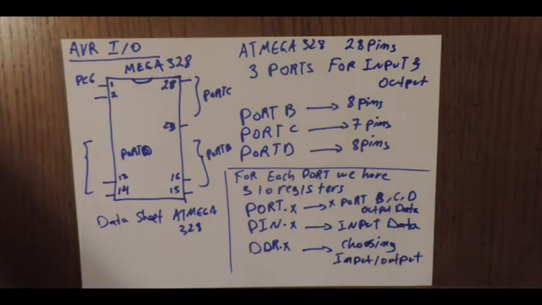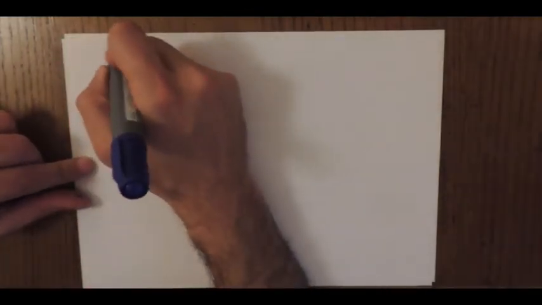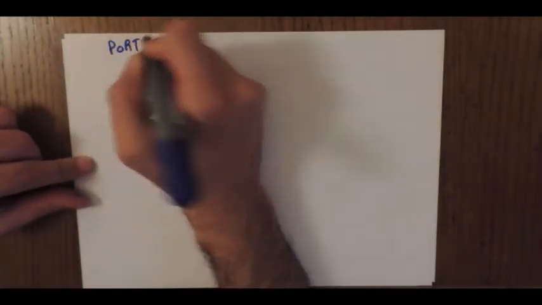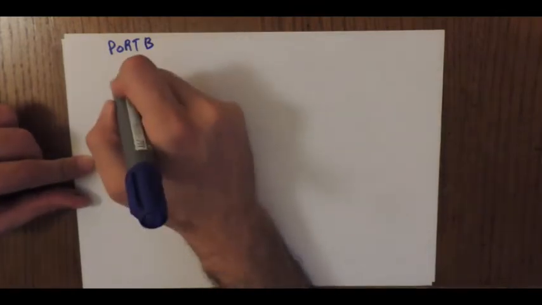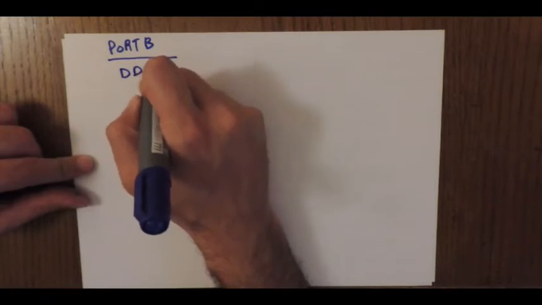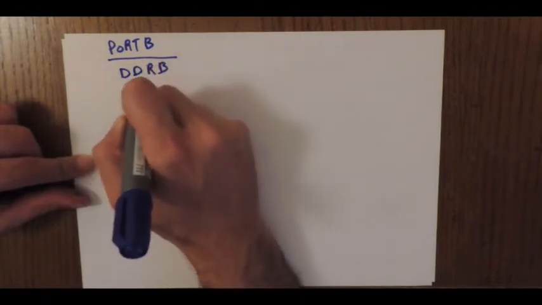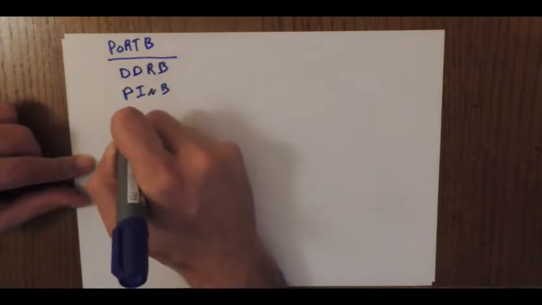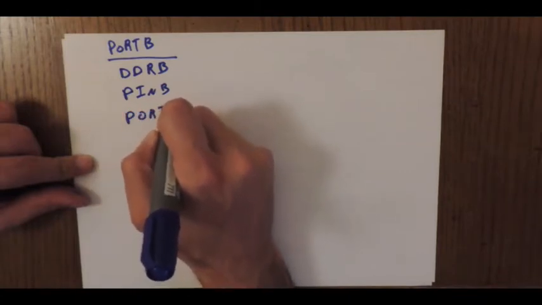So what do we mean by all of this? Assume we have port B. For port B, we have DDRB, PINB, and PORTB.